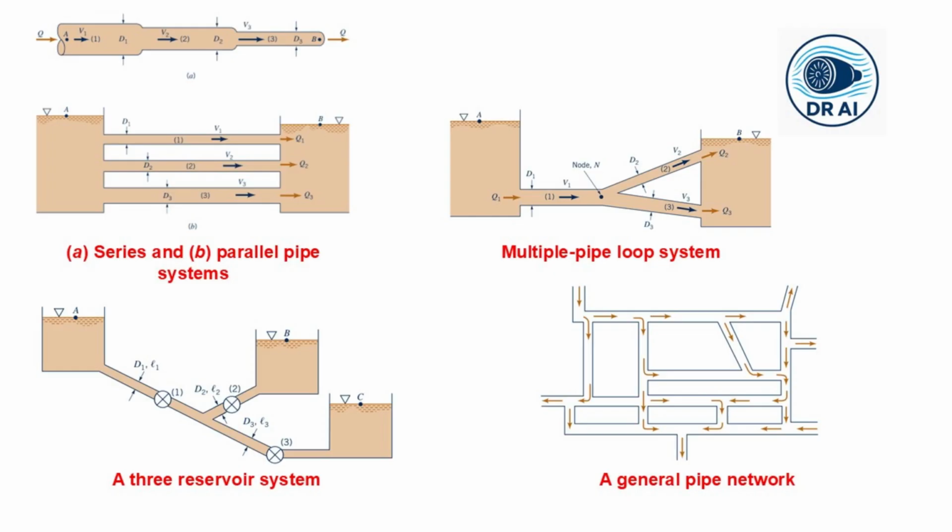So the governing principle is that the flow rate is the same in each pipe, which we can write as Q1 equals Q2 equals Q3. But the head loss from the beginning to the end is the sum of the head losses in each individual pipe, which we can write as HL total equals the summation of HL1 plus HL2 plus HL3.